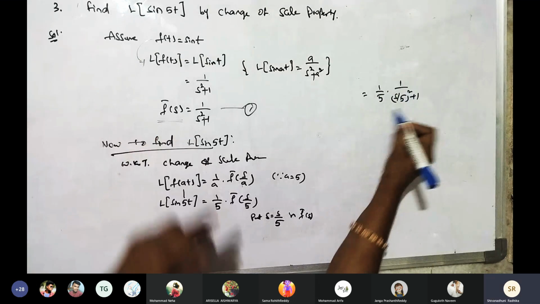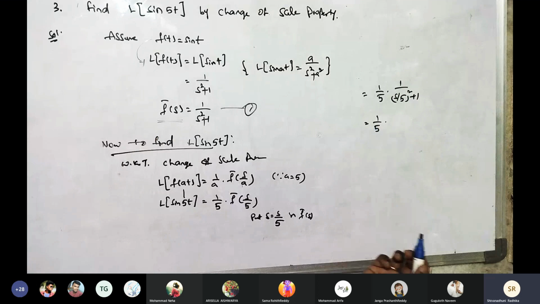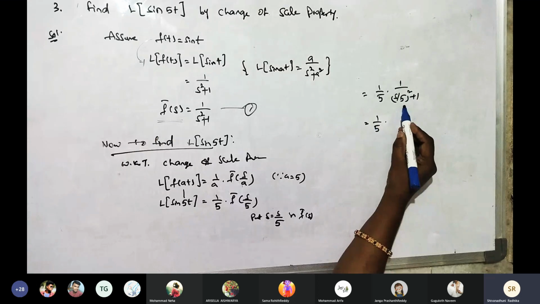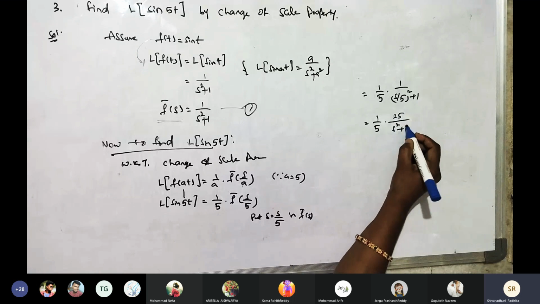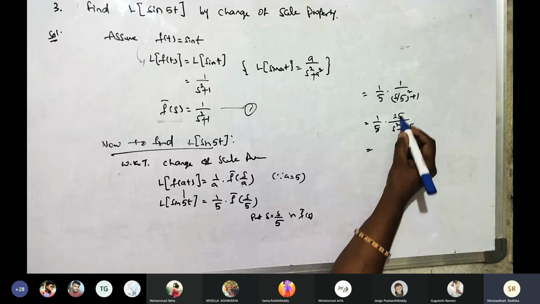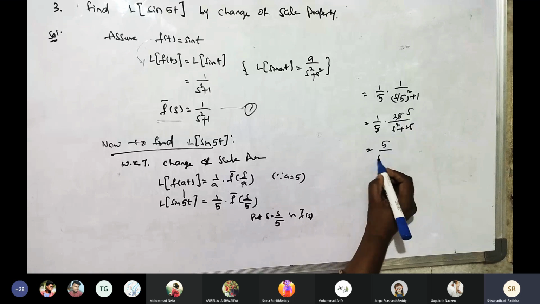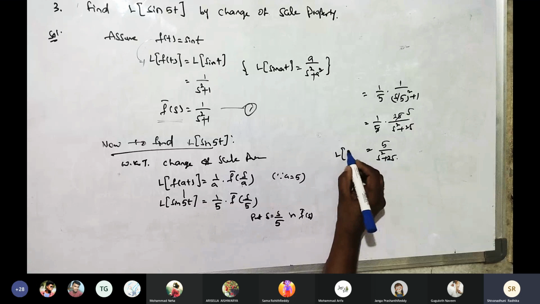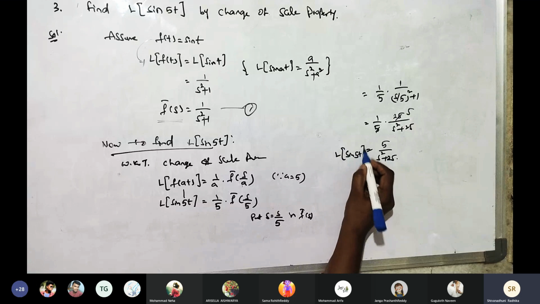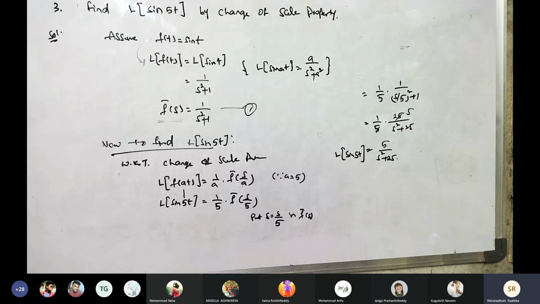Taking the LCM in the denominator, 25, we write it in the numerator, so s square plus 25 is the LCM. So 5 by s square plus 25 is L of sin 5t using the change of scale property.